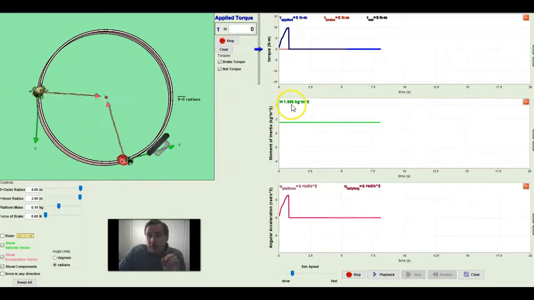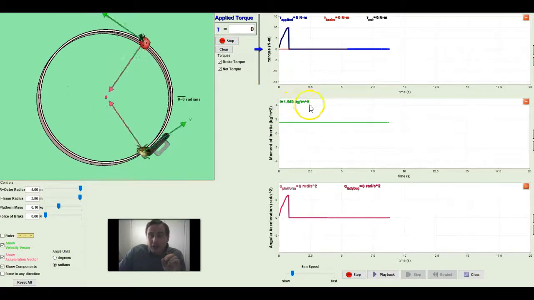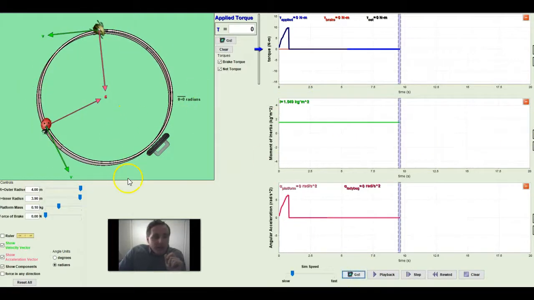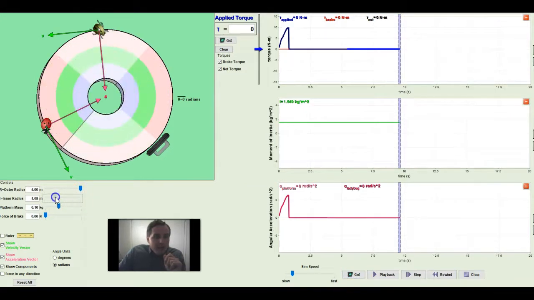It's 1.549 kilogram meters squared. Now let's go ahead and stop, and let's see if we add back that inner radius. If we add back that inner radius with the same mass, we suddenly have quite a bit less rotational inertia. So let's see what happens in this experiment.